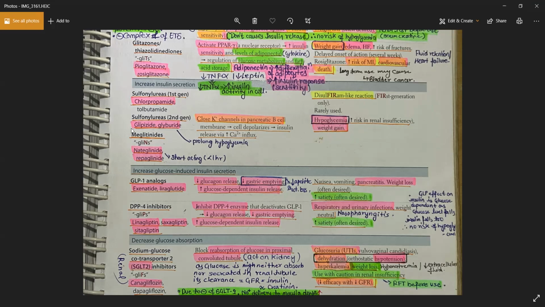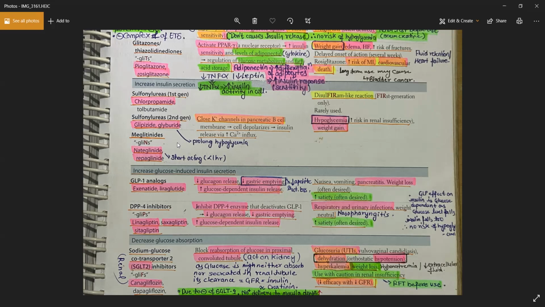These agents are all long-acting ones, so they can cause a prolonged hypoglycemia for like 7 or 8 hours. So if you encounter a patient who comes to the emergency department with the symptoms of hypoglycemia, you give the patient glucagon, or IV glucose.